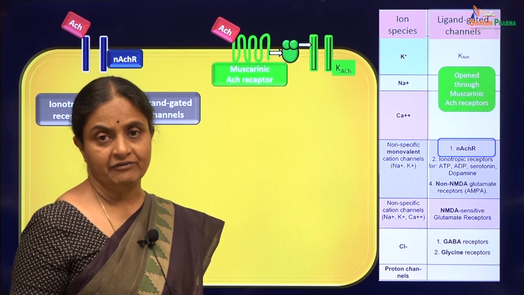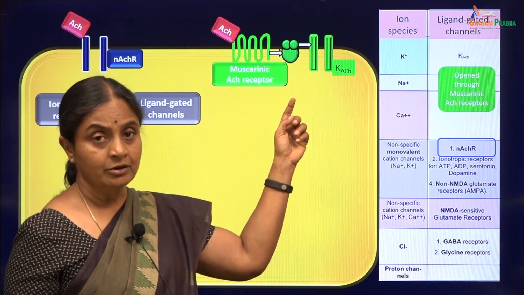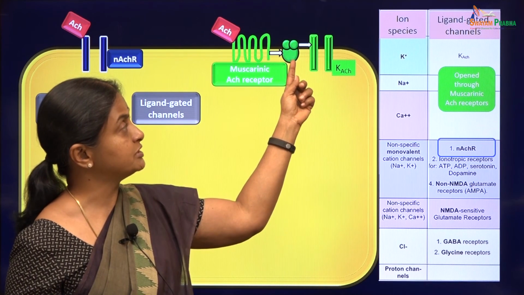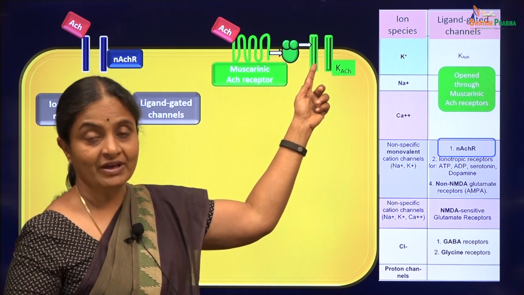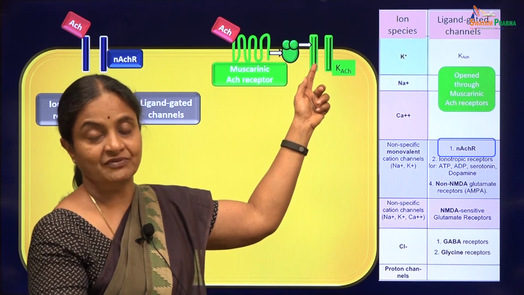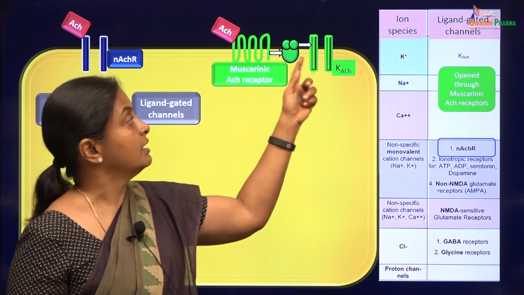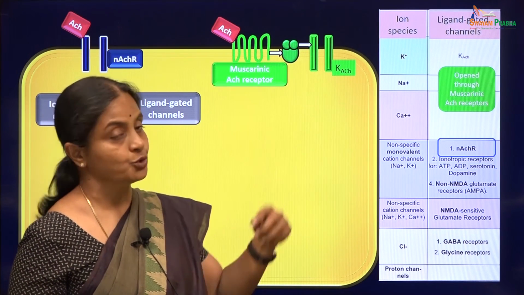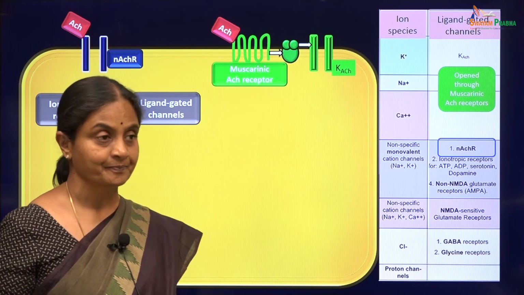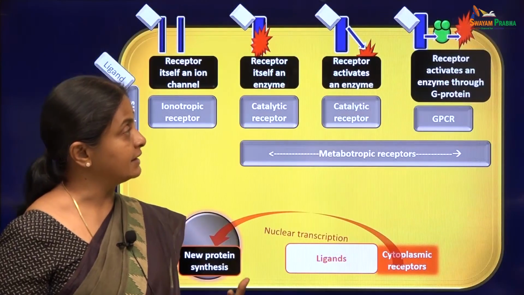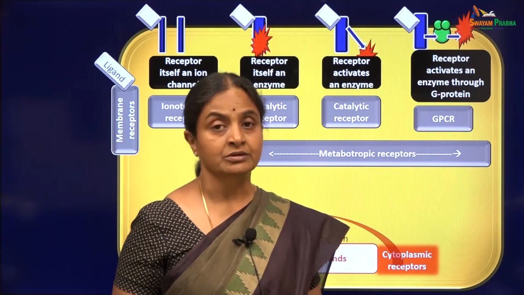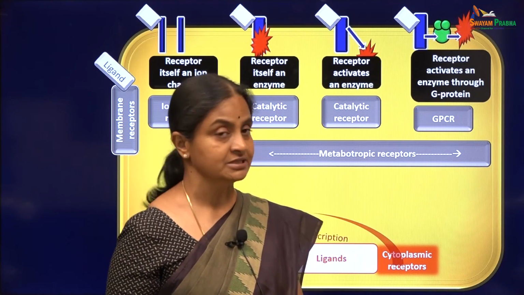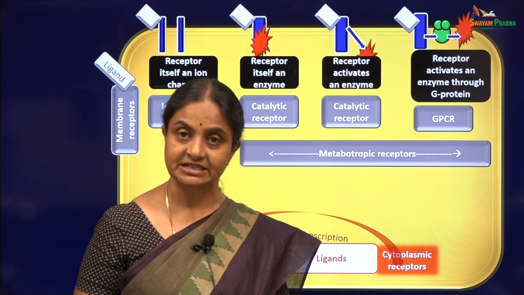To add on a level of detail, normally in the G proteins, it is the alpha subunit which will dissociate, move and activate an enzyme. That is what we have seen in earlier contexts. But here the beta gamma subunits move to open the KACH channel. Looking back at GPCRs, when we considered G protein coupled receptors, we did not talk about the KACH channel.